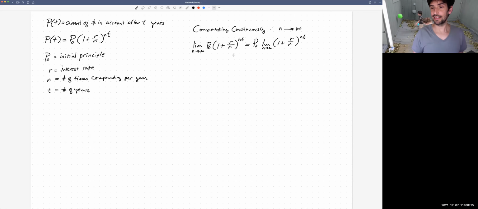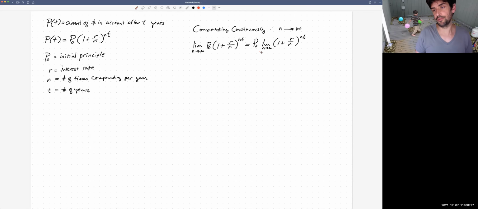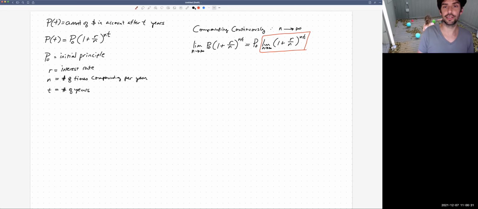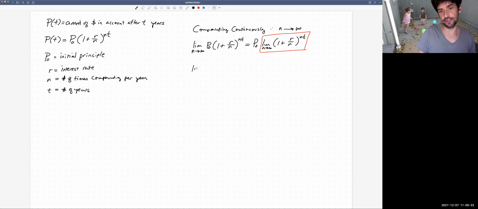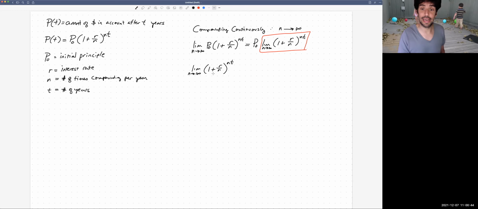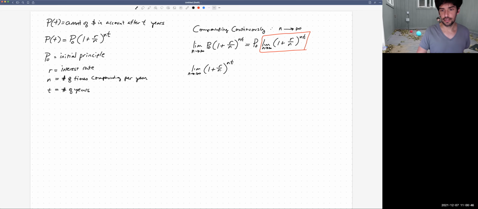So let's now just examine this piece, right? I don't need to have this constant floating around. We'll put it all in at the end. So now I want to consider the limit as n goes to infinity of (1 plus r over n) to the nt. Okay, now let's think about what's happening here. N is growing large.